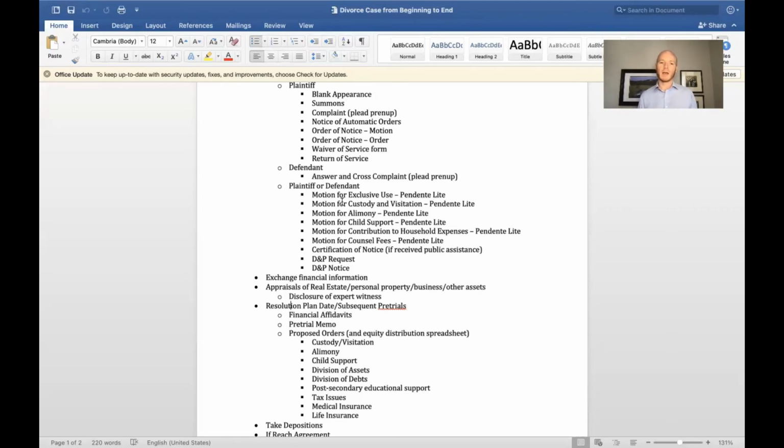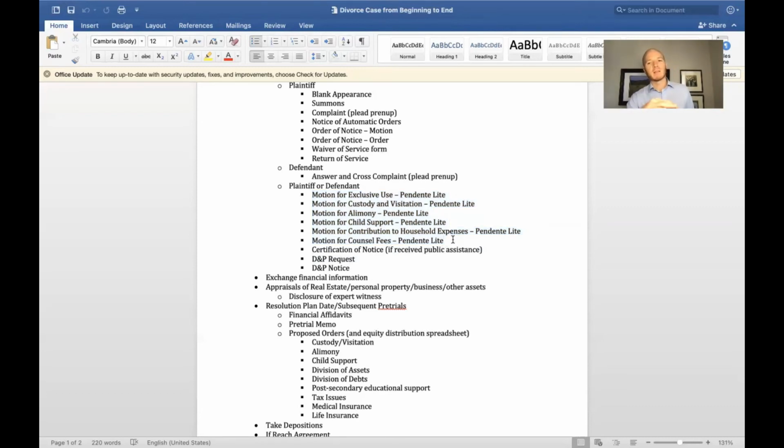and they'll schedule the parents for a Pendente Lite hearing, in which case there'd usually be a couple hours blocked off for a hearing on, generally speaking, these motions right here. So that some sort of status quo can be established while the divorce is pending, so that the parents can focus on the more long-term resolution of the case.